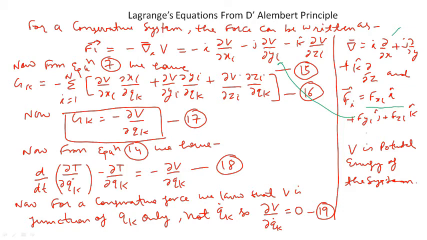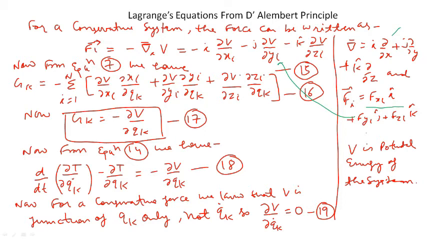So from equation 7 we can introduce the scalar component of the force in terms of the potential energy, and then Qk will be equal to minus sigma i from 1 to capital N. Here your term was Fxi, so I will write here minus del V over del xi. In all the terms there will be a minus, so I have already taken it out.